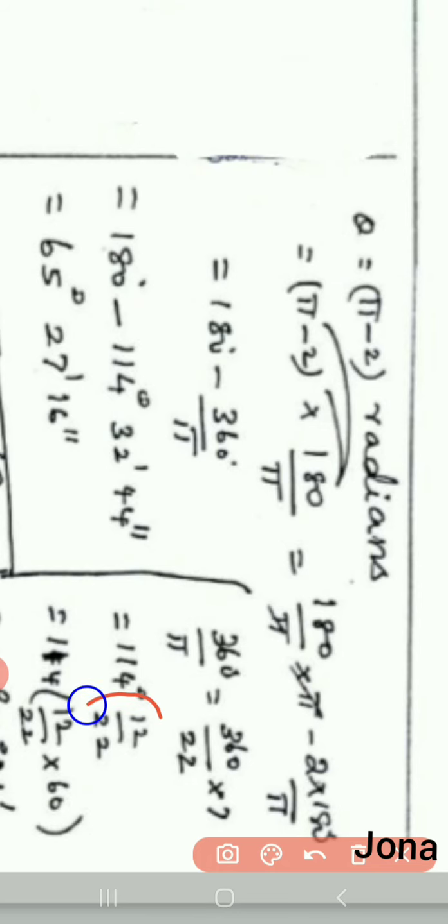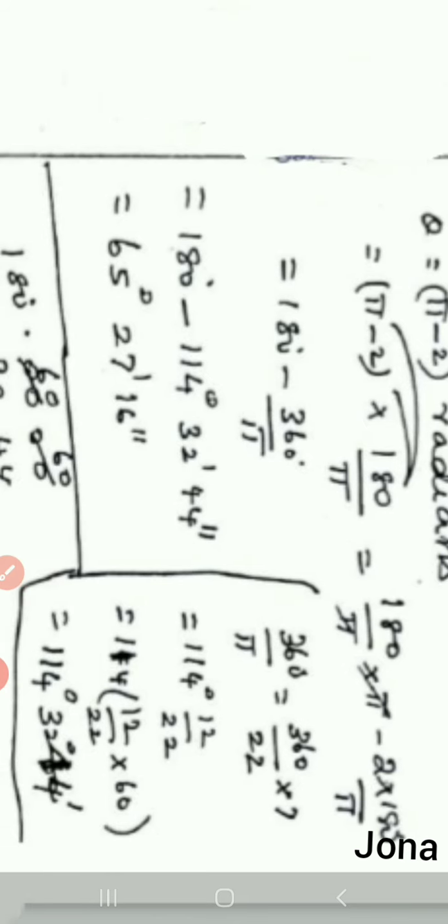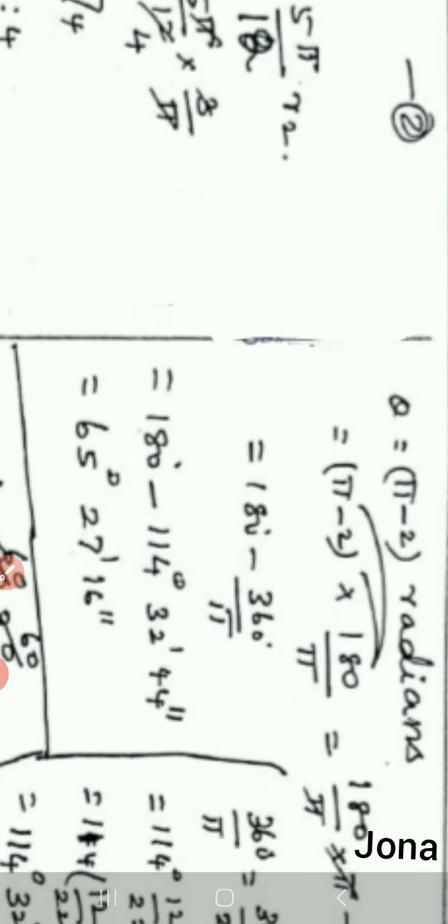I want to convert this 12 by 22 into minutes, so multiply with 60, and I have 32 minutes and 44 seconds also, because the remaining part will be there. Again I divide by 60 to get 32 minutes and 44 seconds.